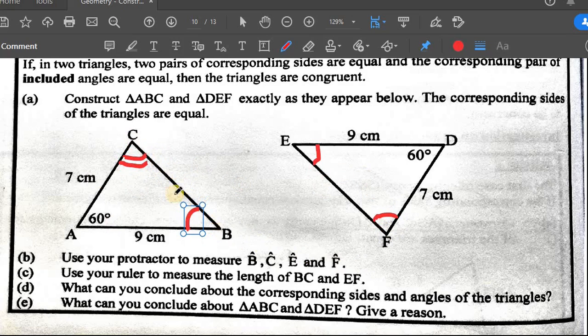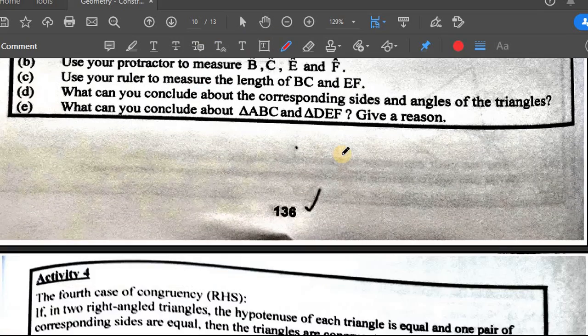They'll also ask you to measure this line CB and this EF, and you realize that CB and EF are exactly the same, and you're going to conclude that this triangle is exactly the same as that triangle.